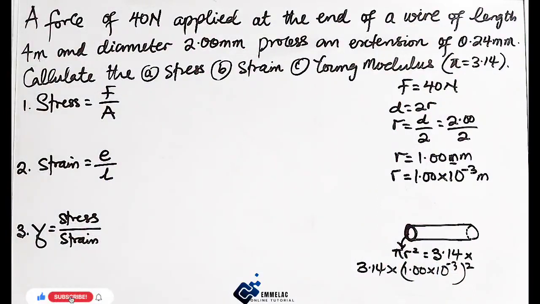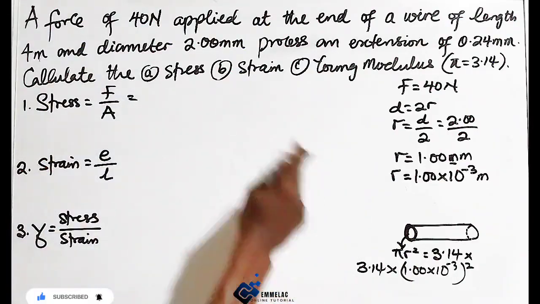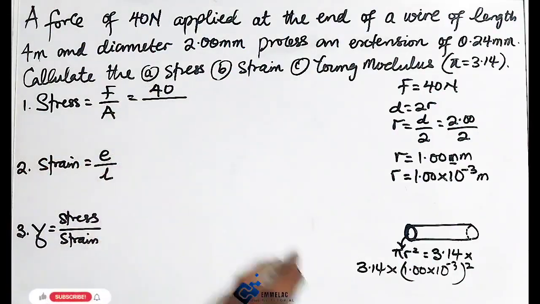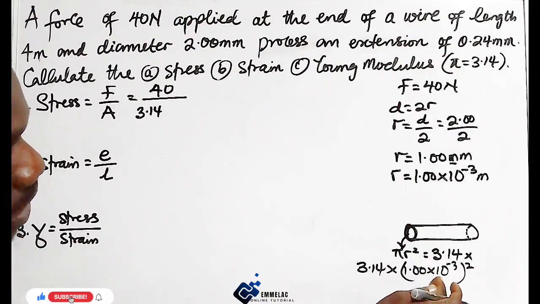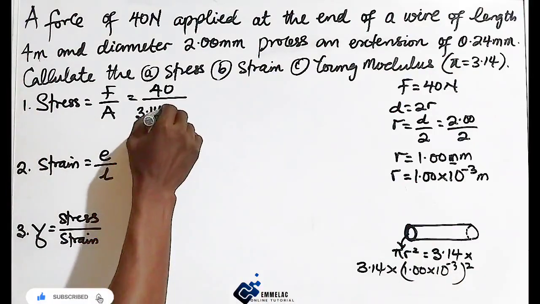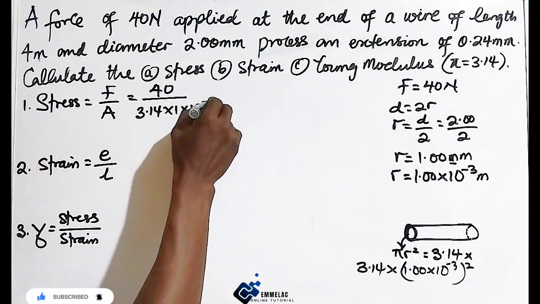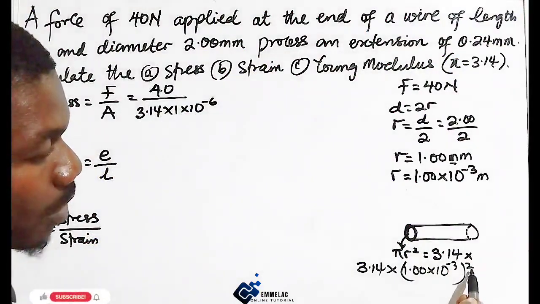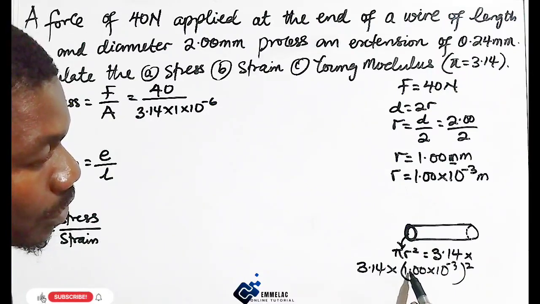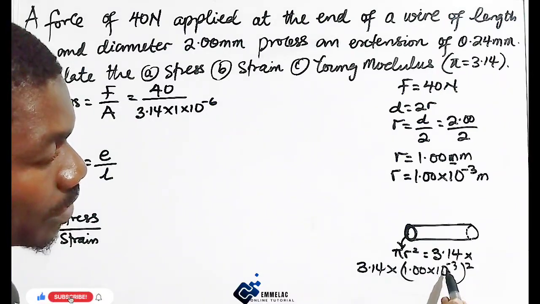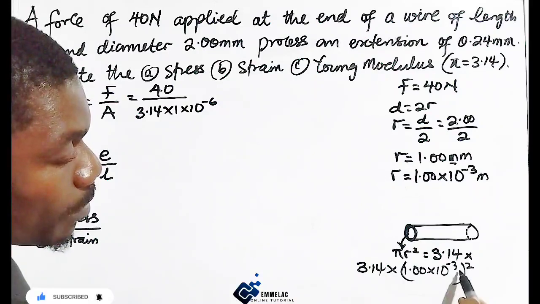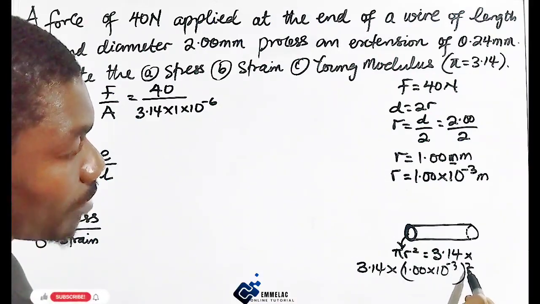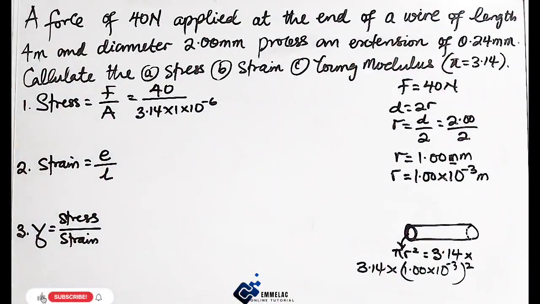Okay, so in that stand we can see here that stress is force, 40, all over 3.14 times 1.00 times 10 raised to the power of minus 3, all raised to the power of 2, which will give us 1 times 10 raised to the power of minus 6, and this is the fact that 1 raised to the power of 2 is 1. Now 10 raised to the power of minus 3, according to the law of indices we will need to multiply the power, which implies minus 3 times 2, giving us negative 6.